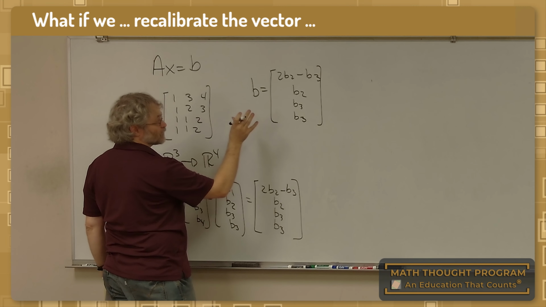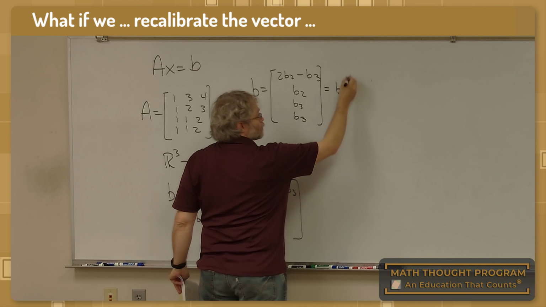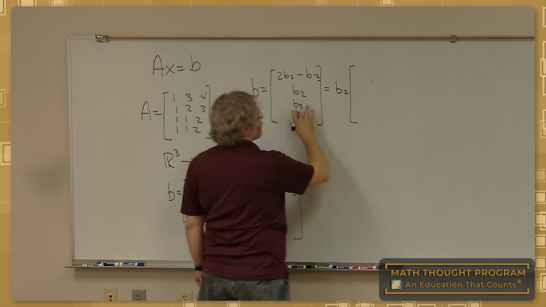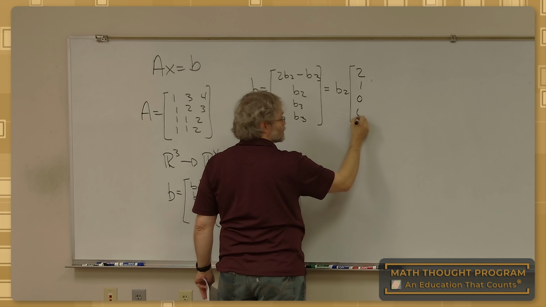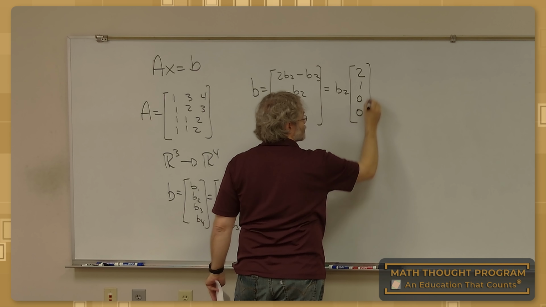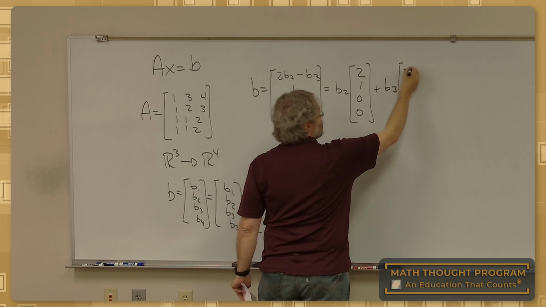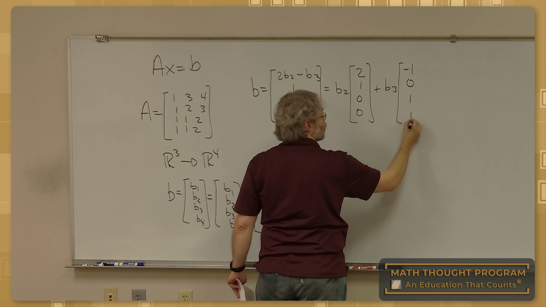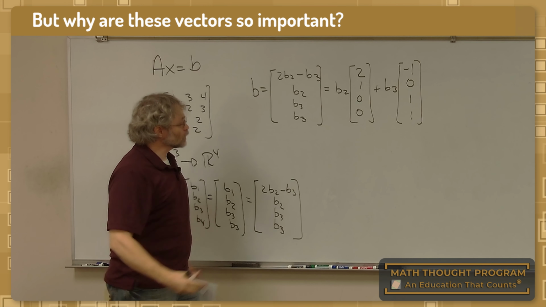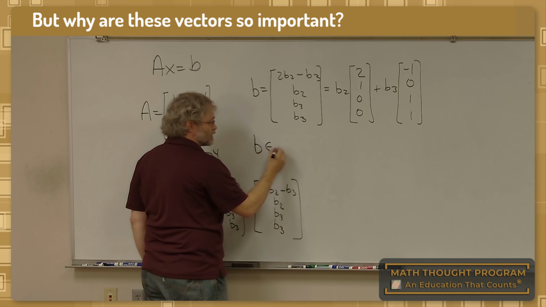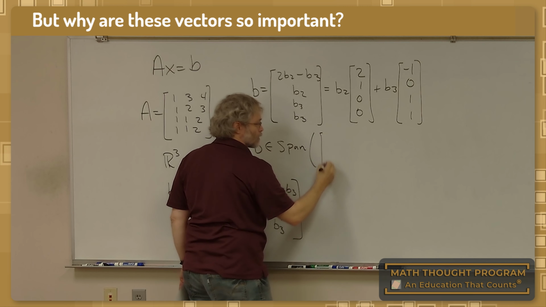Okay, so if you look at your vector B, one thing we can do is pull this thing apart. You'll have 2, 1, and then 0 and 0. B3 minus 1, 0, 1, 1. So in other words, B would have to be in the span of these two vectors.